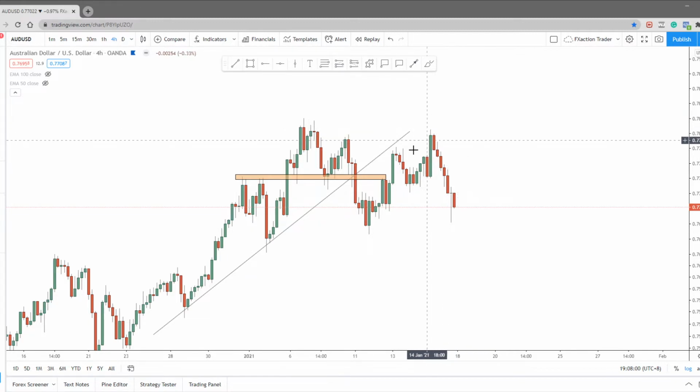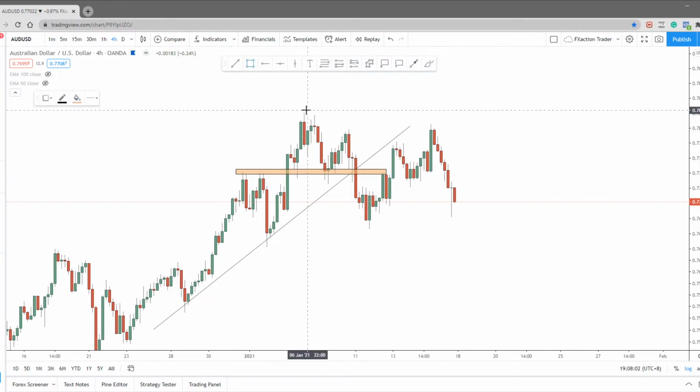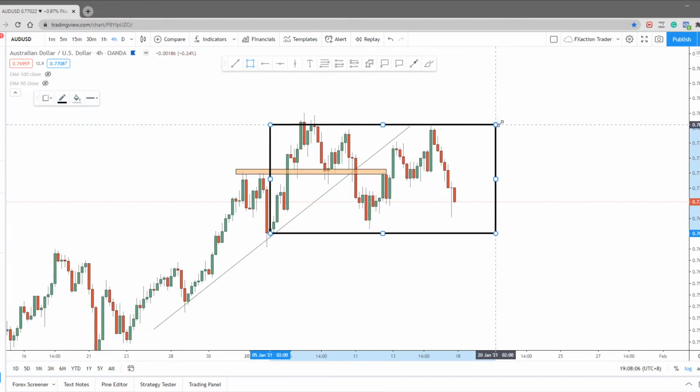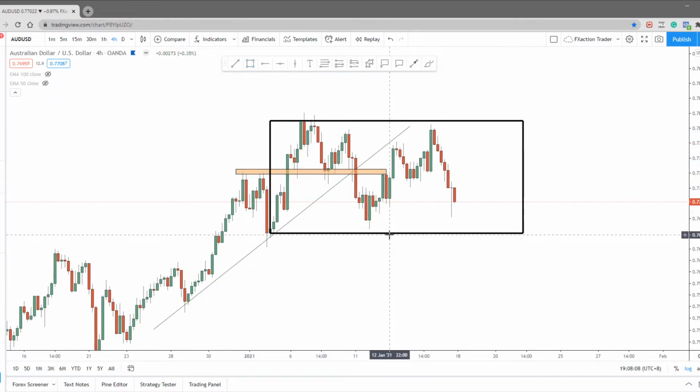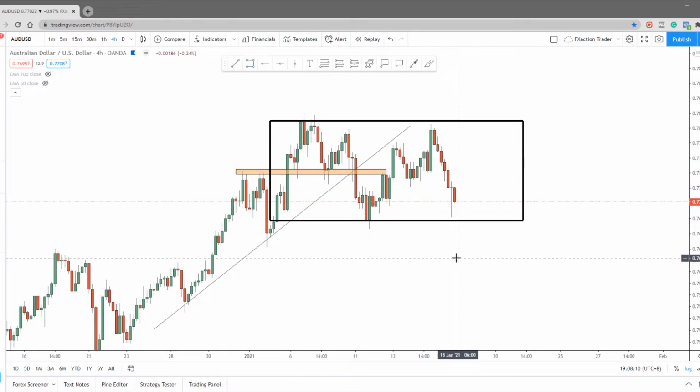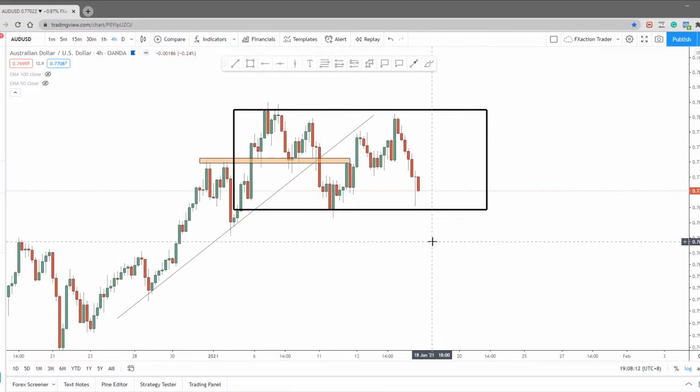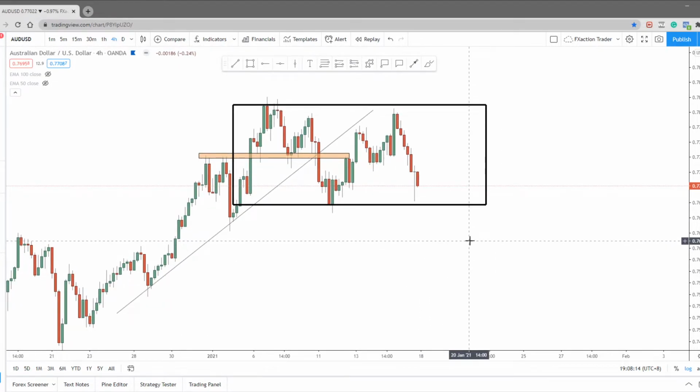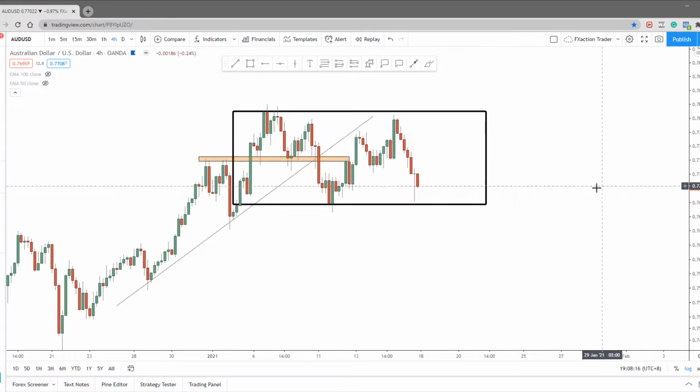So here, what I can see is that this pair has actually gone into a sideways structure. So there are only two levels for me to look for a buy.